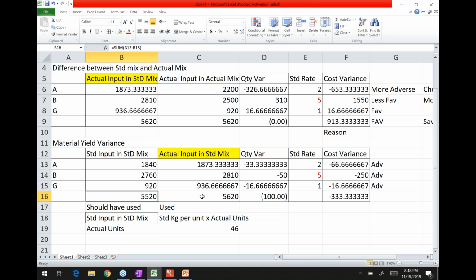So it's simple. We have used more by 100. So we have used more. See? So 5620 has been used, and 5520 should have been used. So the answer is 100, and this answer will never be zero, because the input is different, and this is input versus input.